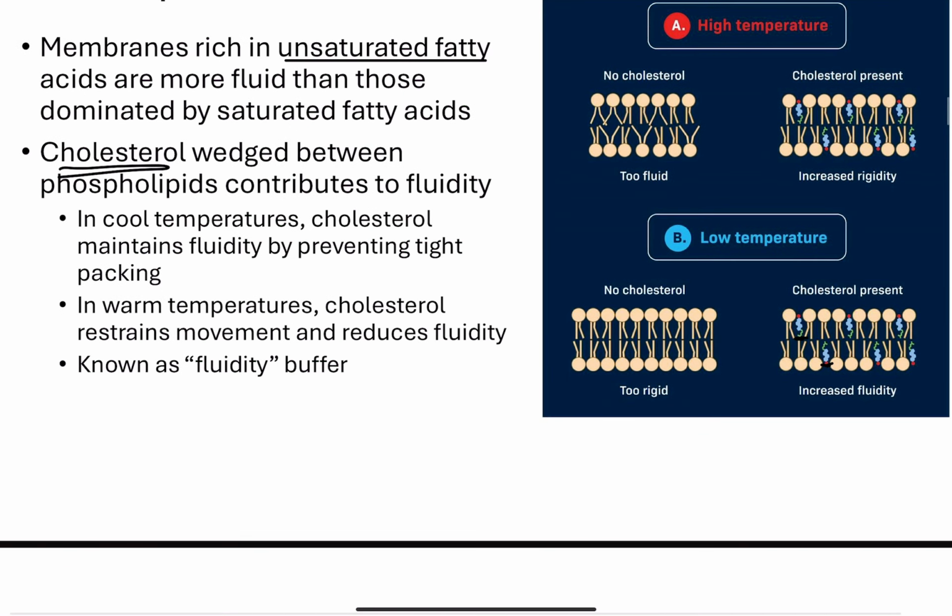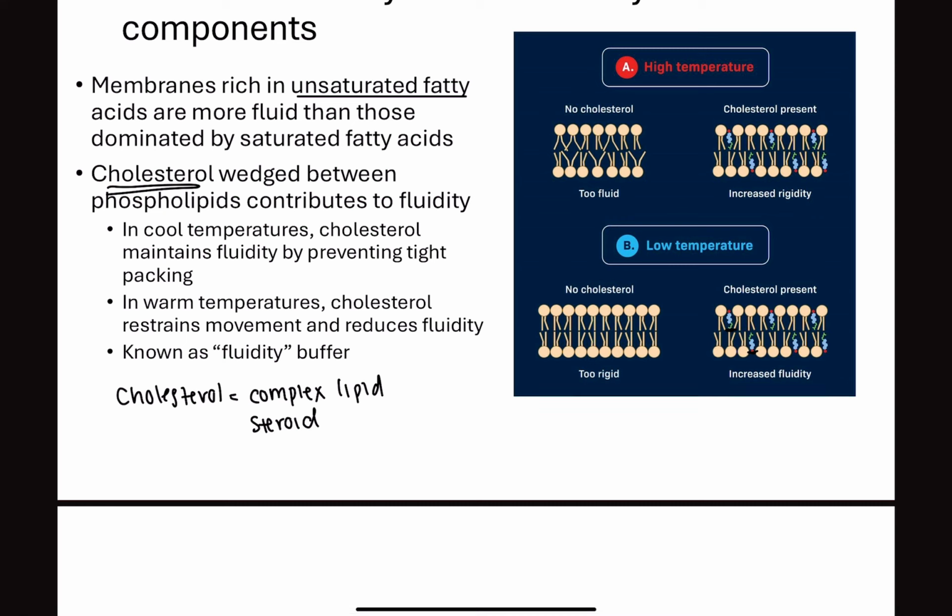And what happens is that cholesterol is a complex lipid. Unlike our fatty acids that are simple lipids, cholesterol is a complex lipid, and it is also a steroid. And cholesterol does play a really important role in membrane fluidity. In cooler temperatures, our cholesterol is going to maintain fluidity because it's going to prevent tight packing.